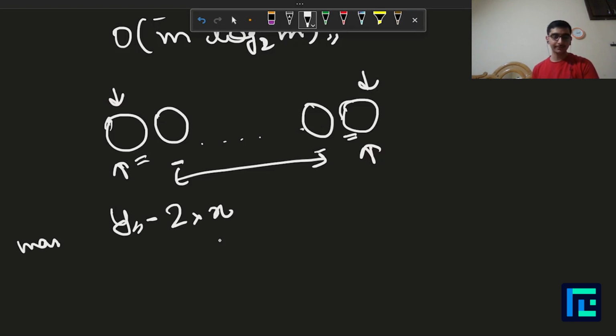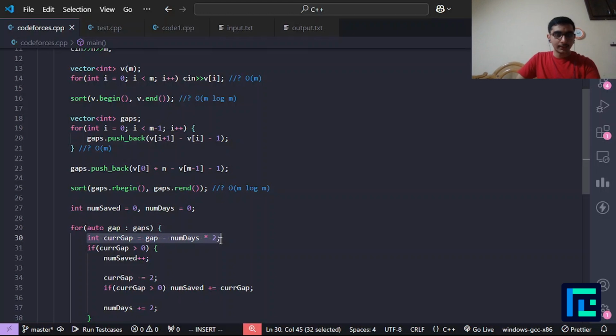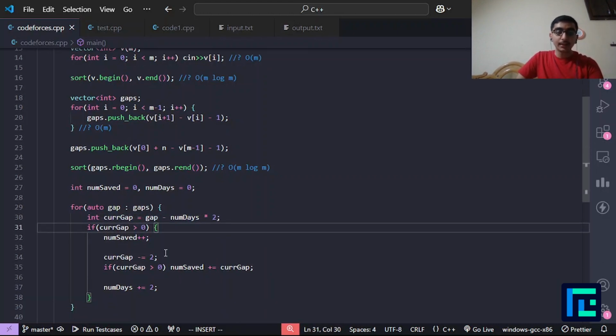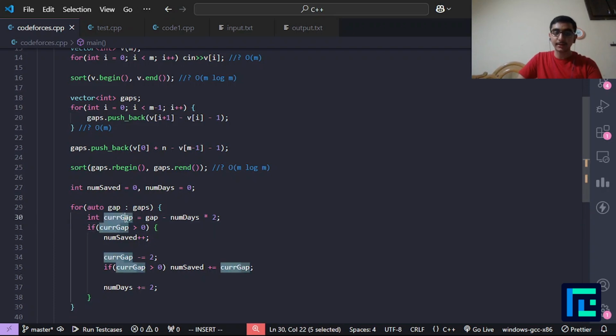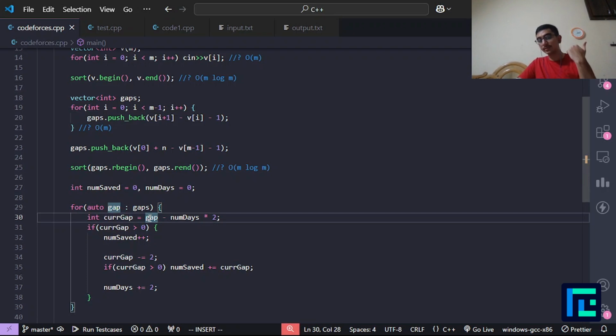So maximum of 0 comma y minus 2x uninfected houses after x number of days, right? Because every day two houses are getting infected. That's what I did here to calculate the current number of uninfected houses that is stored in the value current gap. I calculate gap, that is initial number of infected houses, minus num days into 2, that is number of days that have passed into 2.